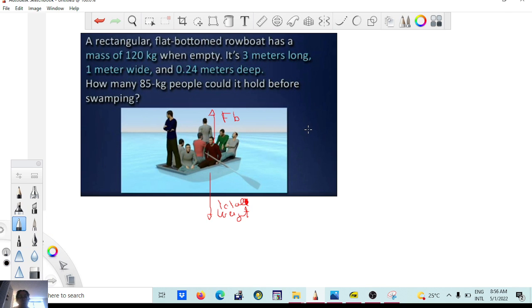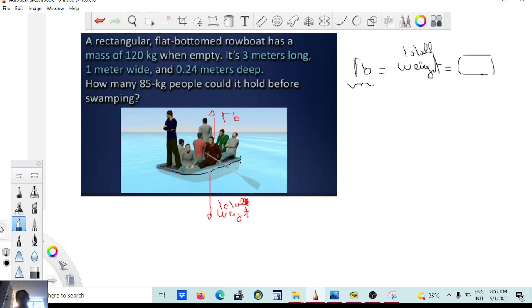So we can say that the buoyant force equals the total weight, right? We want to find that total weight. So what's the buoyant force? It's going to be the weight of the water displaced.